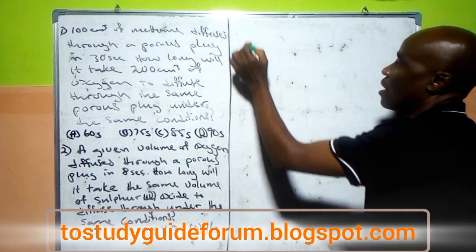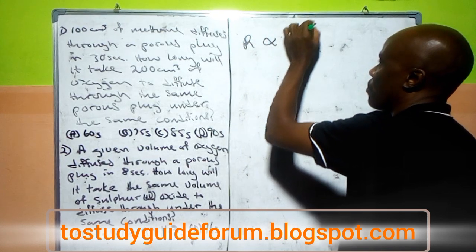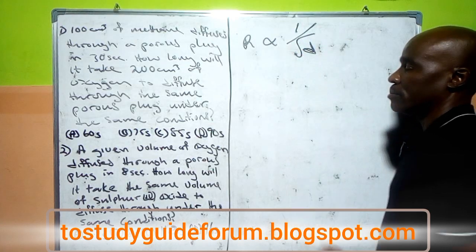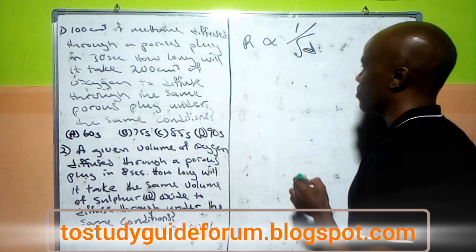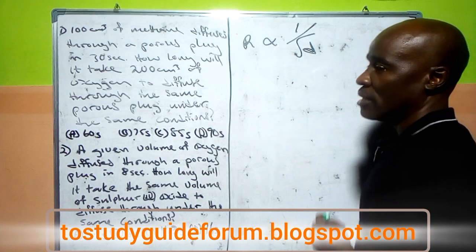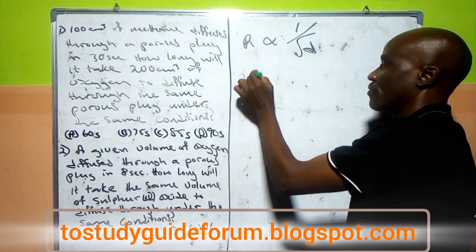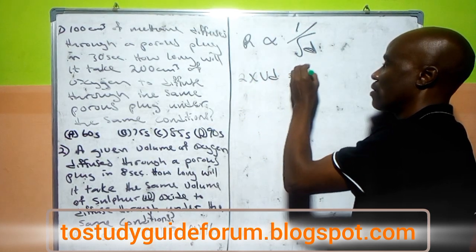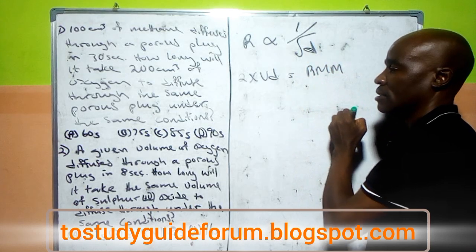That means rate is inversely proportional to the square root of its vapor density, D. The same law can also be stated, since we know that 2 times vapor density will give us the relative molecular mass.